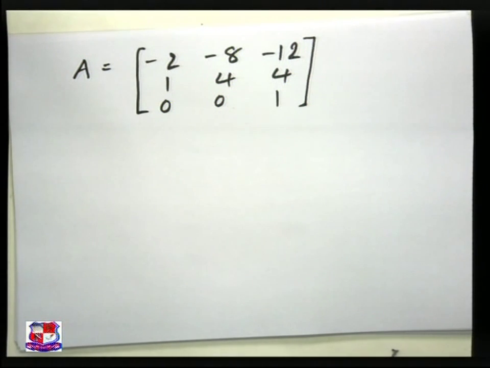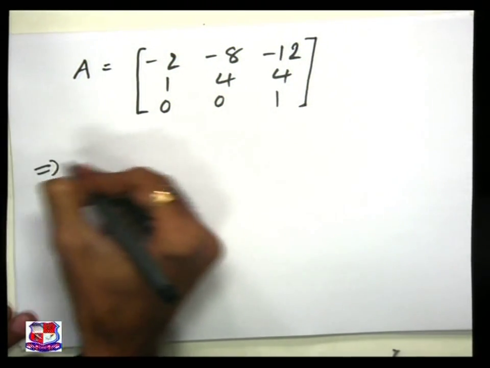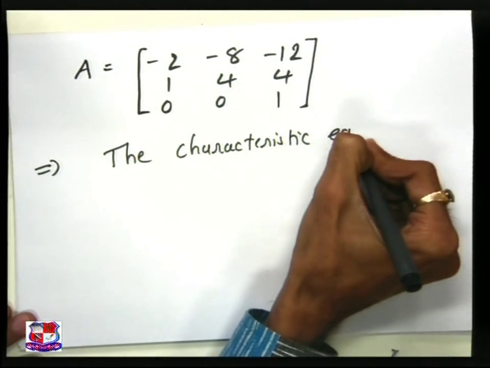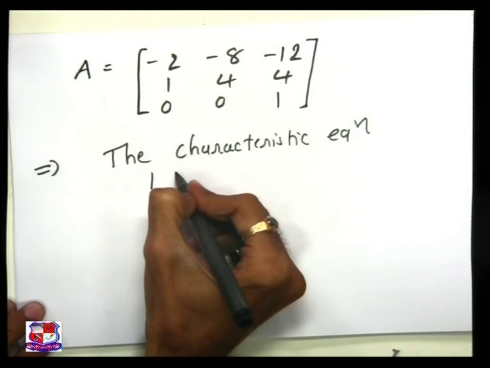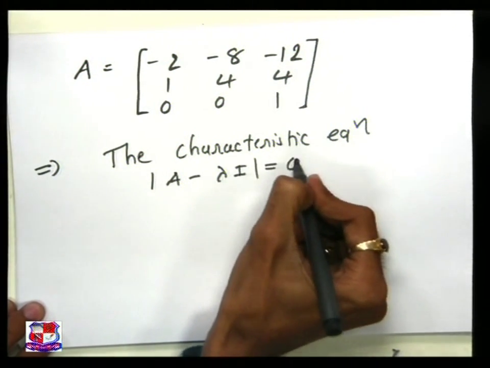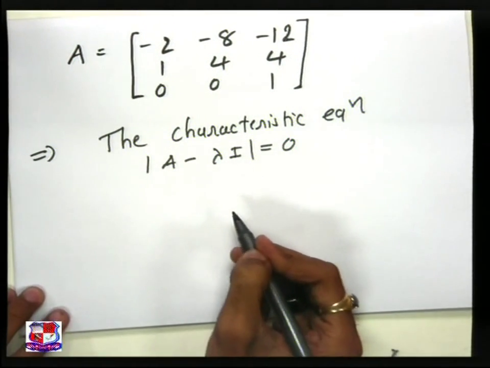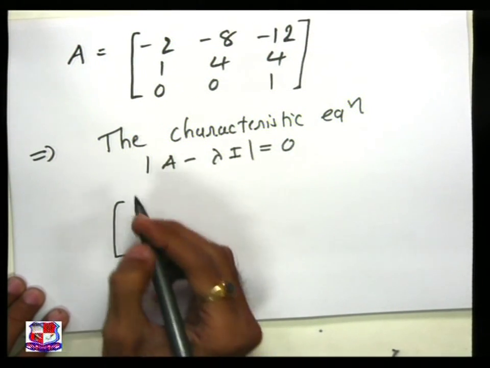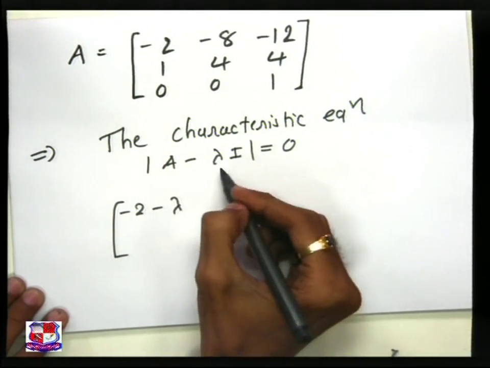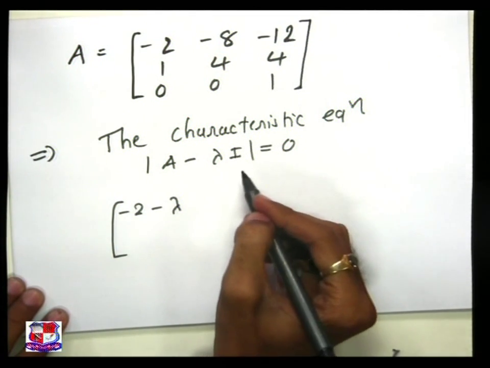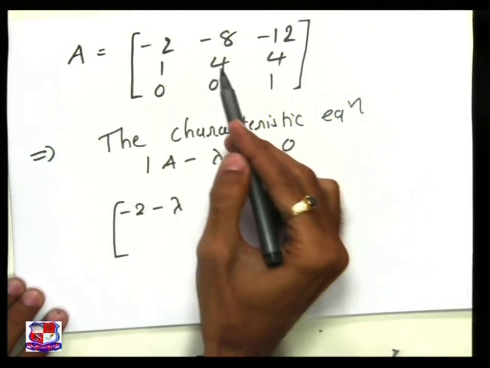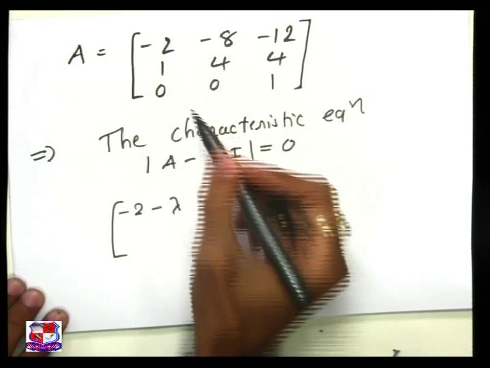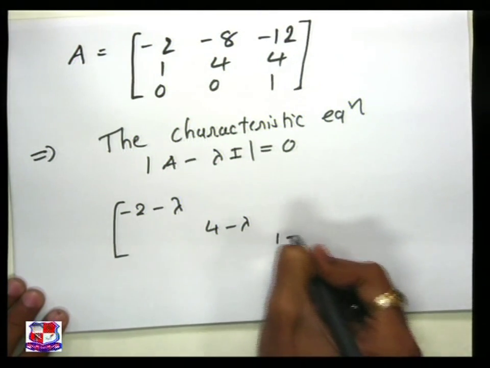So here, to find the eigenvalues, the characteristic equation is the determinant of A - λI = 0, right? If we do A - λI, that is equal to, since I is the identity matrix with rows 1 0 0, 0 1 0 and 0 0 1, only the diagonal elements will be changed by subtracting λ. So we have -2 - λ, here 4 - λ, here 1 - λ, right?